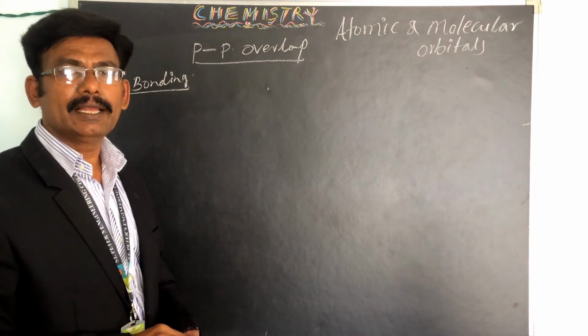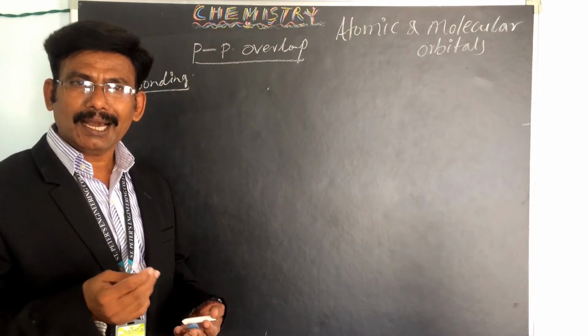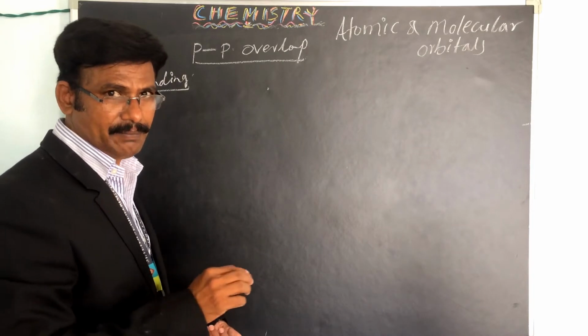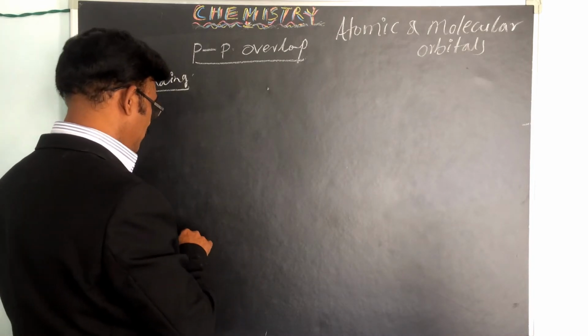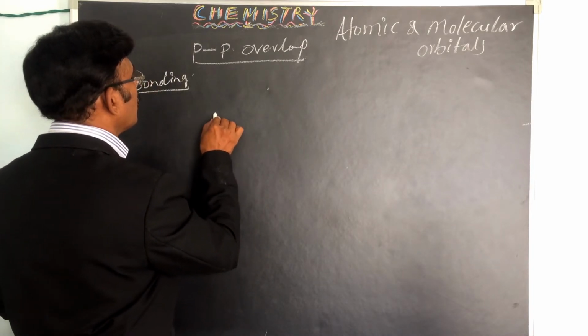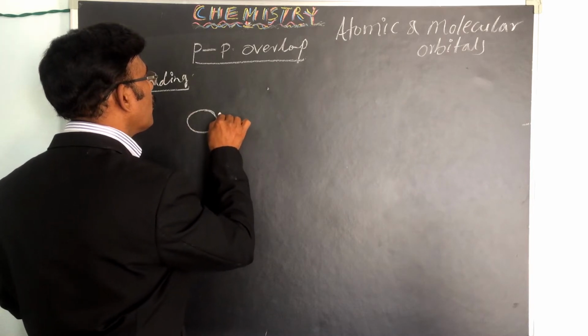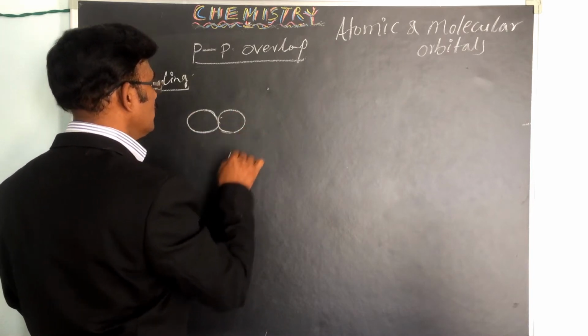In bonding, the p orbital means you know the dumbbell shape. This is the shape.